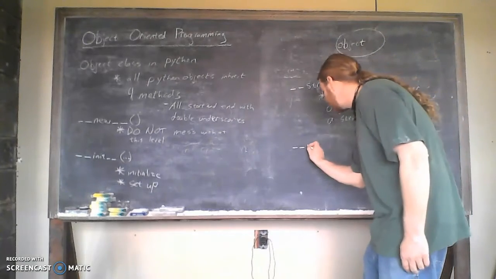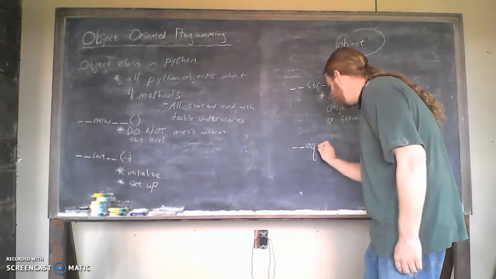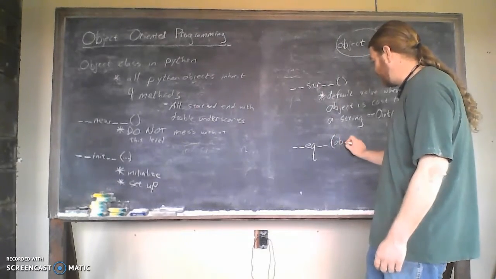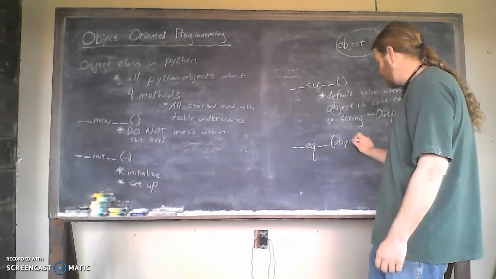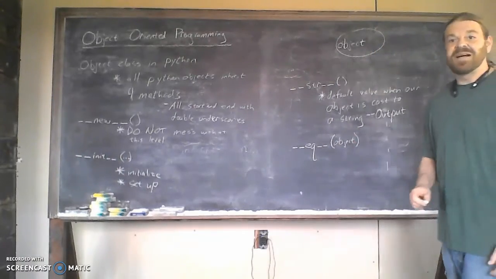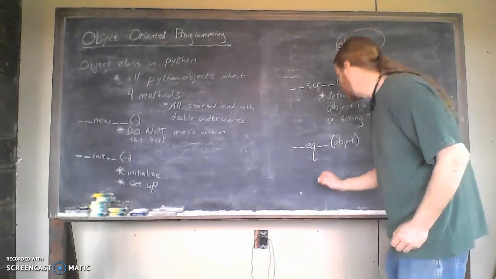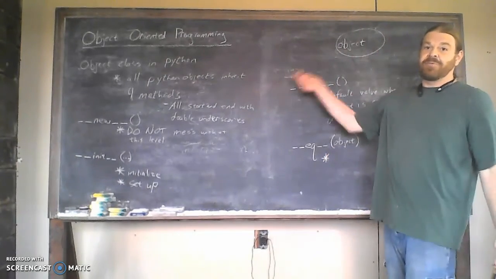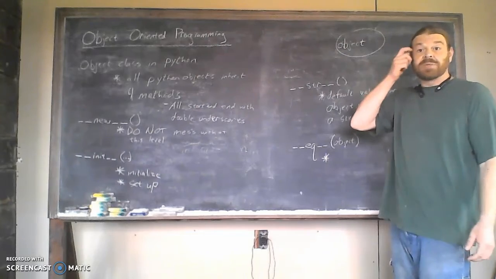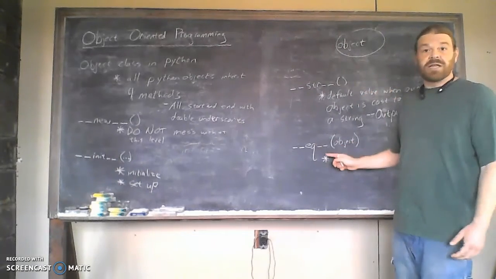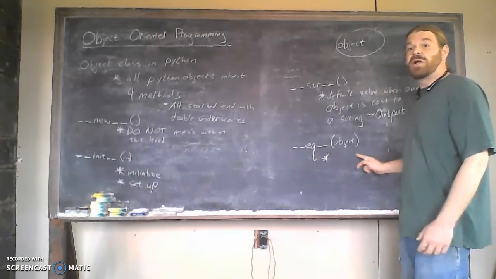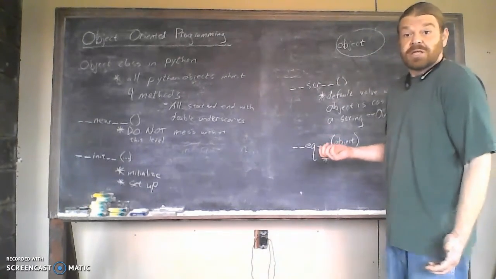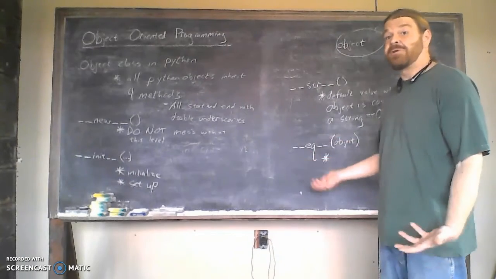What was last? Oh, equal. EQ for equal. And here we'll want to pass in some other object. This defines equality for comparisons in selection structures. So if we want to say if our object is equal to another object, we have to go in and override this method and define what equality means for our object. And in general, it's going to be a good idea to go ahead and add your own for comparison.